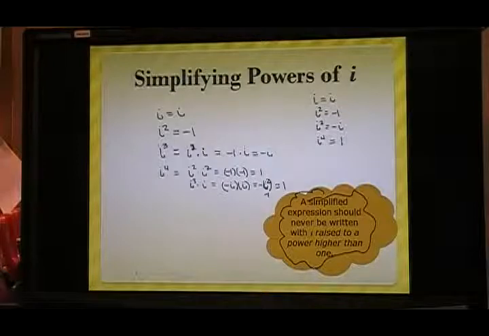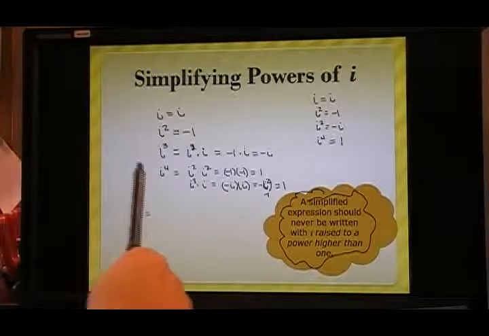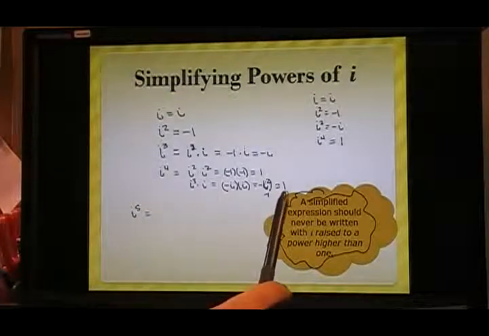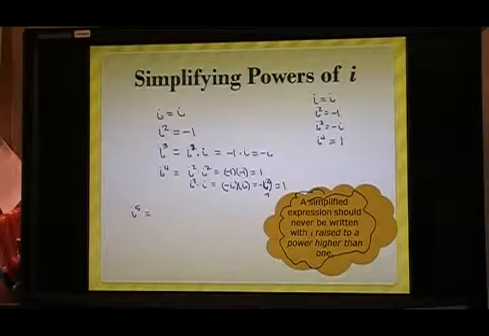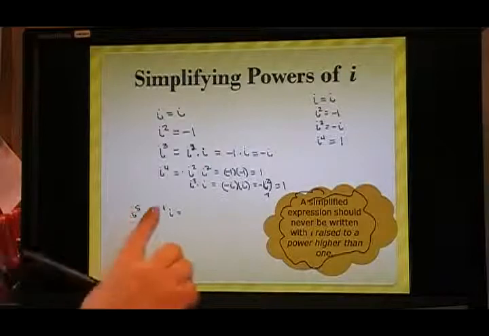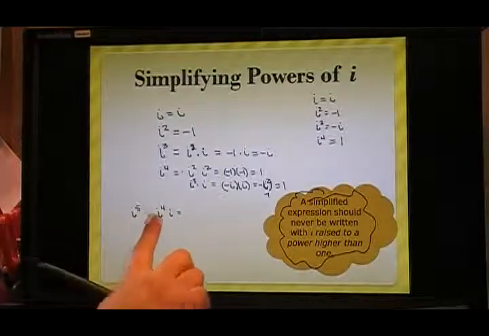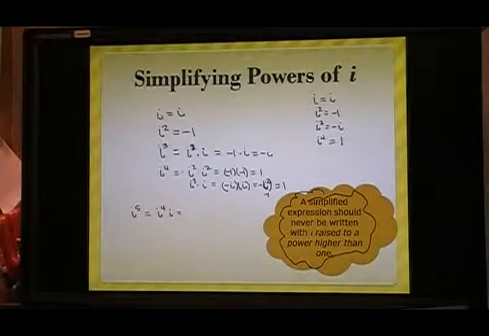So if you want to simplify i to the fifth, I would go to my i to the fourth, because that's 1. So I'll do 4 and 1, because 4 plus 1 equals 5. i to the fourth is 1, i stays i, and 1 times i is just i.